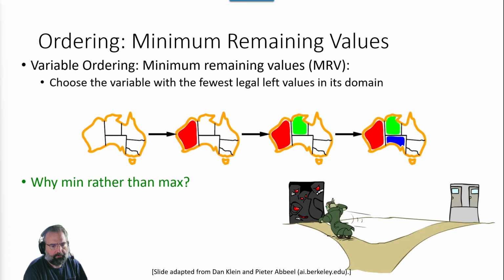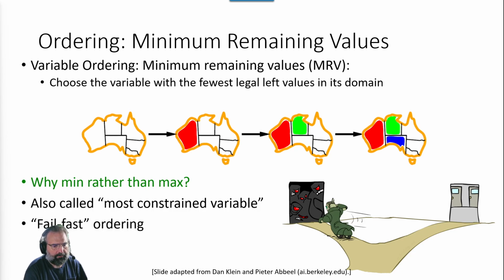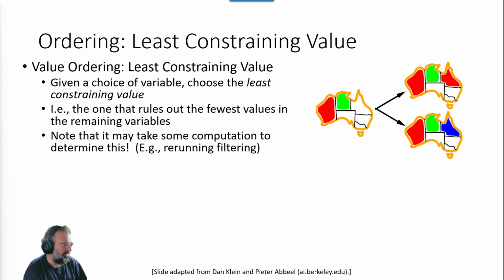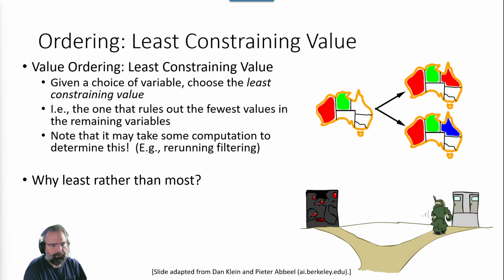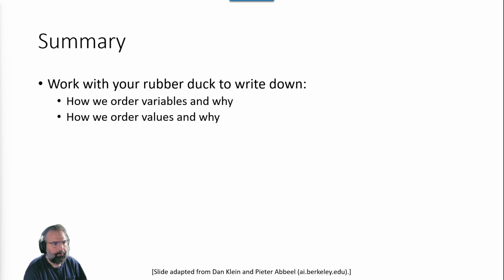Why would you do the min rather than the max? It's the most constrained variable is the reason, right? So we're looking for the one that you're going to run out of places to put it the quickest, right? And that's kind of this fail fast kind of concept. And so you're ordering them in such a way that you get the ones that have the least choices. So you may want to work with a rubber duck sometime whenever you're writing things down.